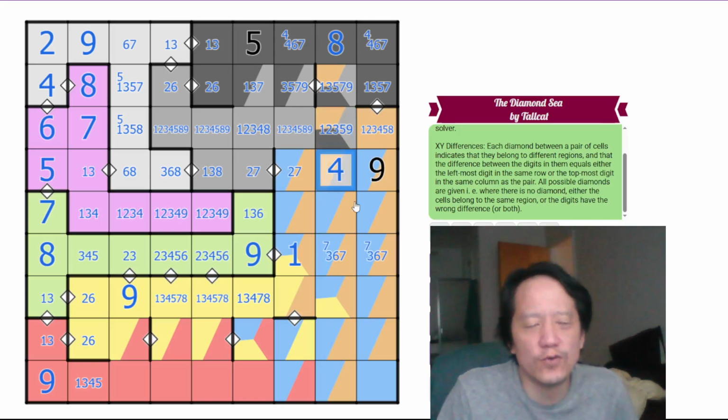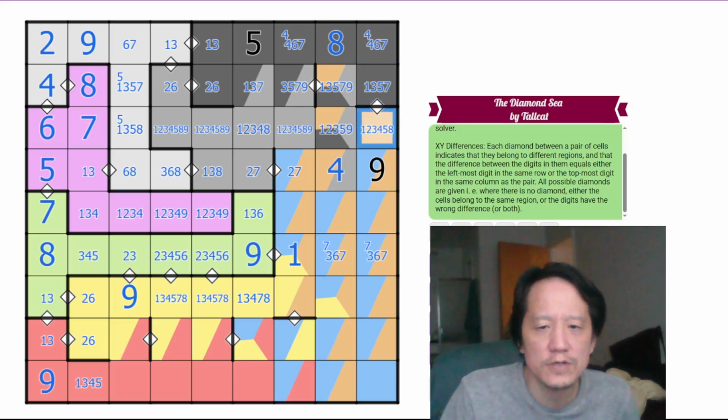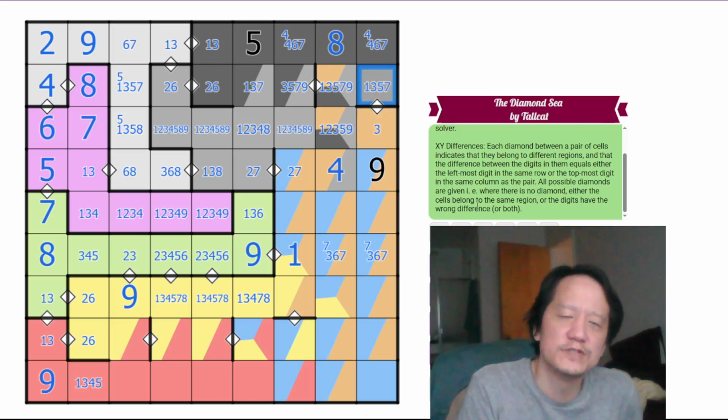This is 4. Say this was 7, you have a difference of 4 or 6 here. So the difference of 4, oops, would be 3. So 3 could be here if this is 7. If it's 6, it could be 7 and 1.